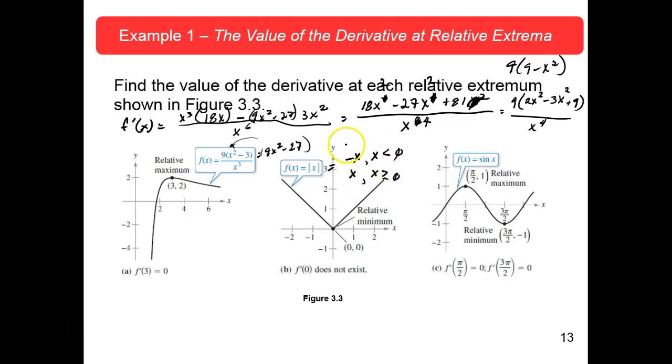Okay? That's how we define the absolute value of x. Because if x is a negative number, negate it and make it a positive number. If x is a positive number, that is your absolute value, right? That's absolute value. So what's the derivative of this when x is negative?